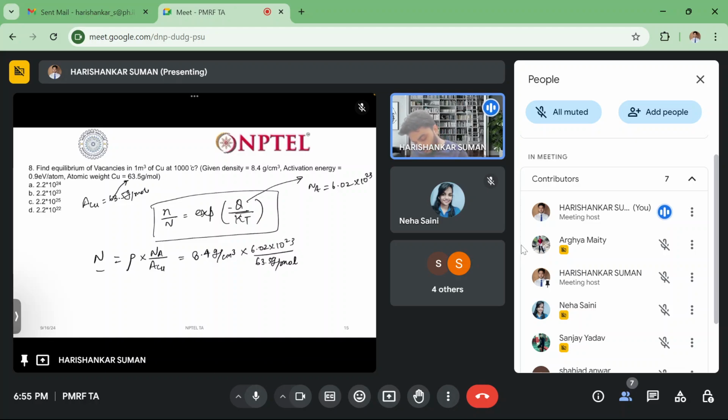This is for 1 centimeter cube, so convert please into meter cube and find this number.